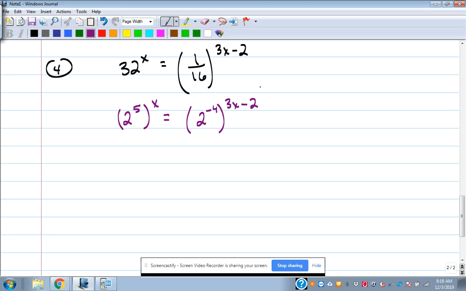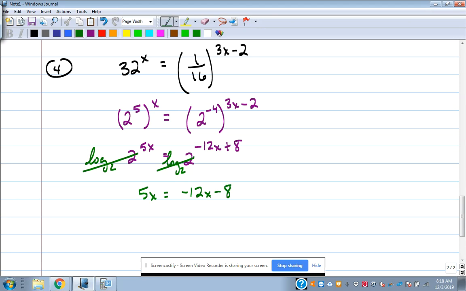So got all the bases the same now. Just work that to 2 to the 5x, 2 to the -12x plus 8. Log base 2 of each side. And 5x is equal to -12x plus 8.